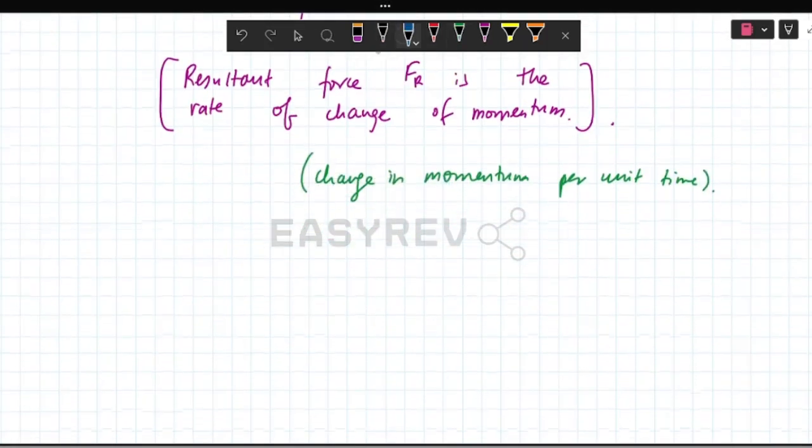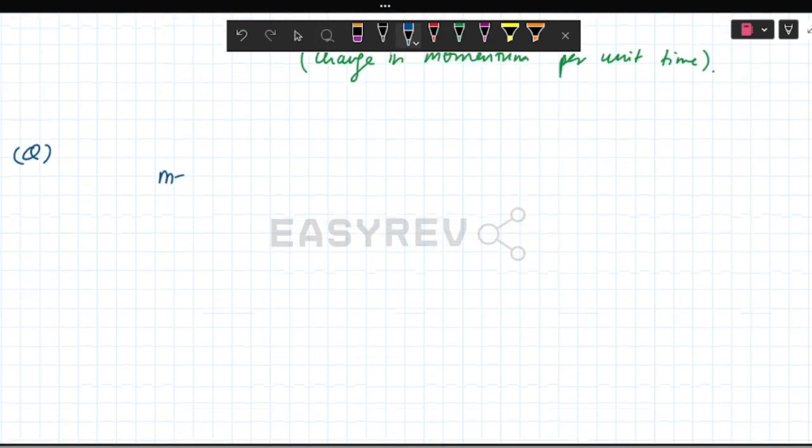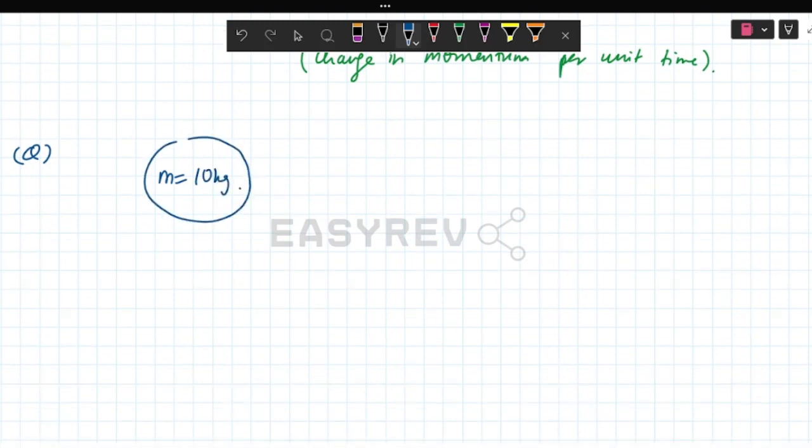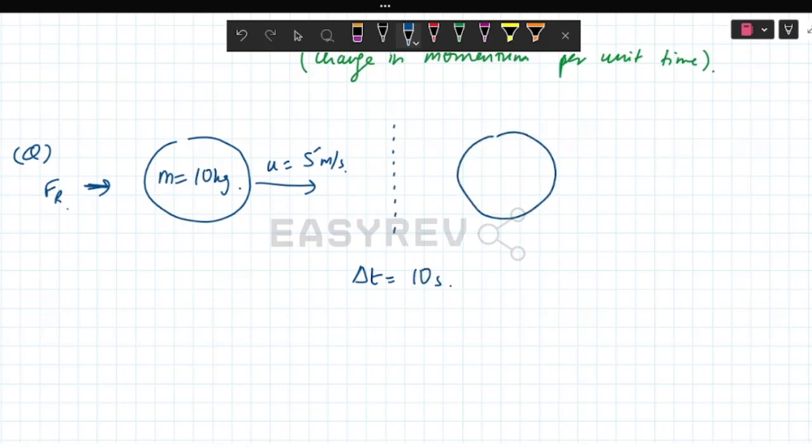Suppose we have the first example where you have an object of mass 10 kg that was moving with an initial velocity of, let's say, 5 meters per second. And let's say a resultant force was exerted for a time duration of 10 seconds, and then that same object has a final velocity of 25 meters per second.